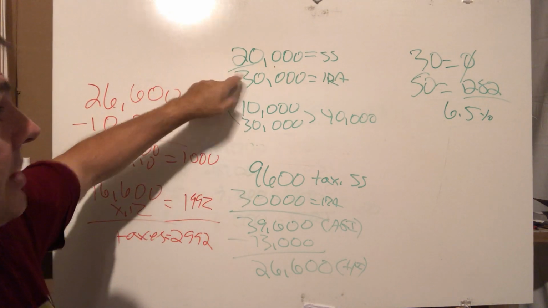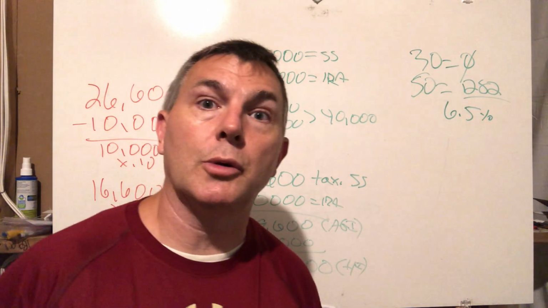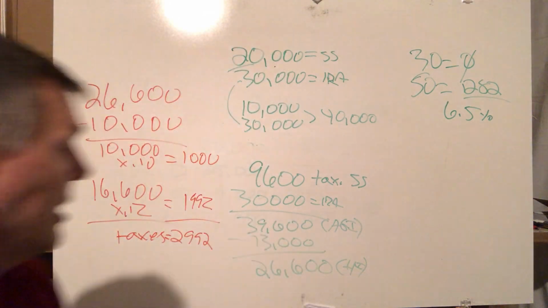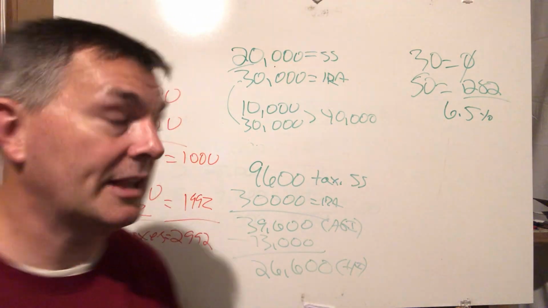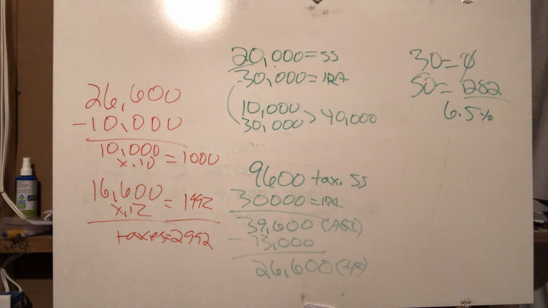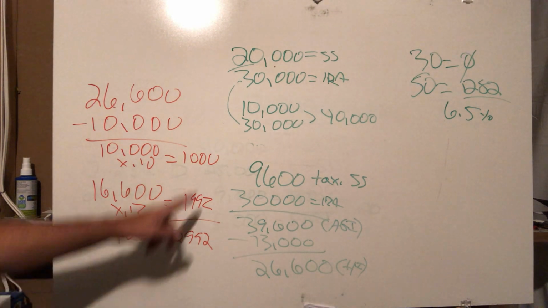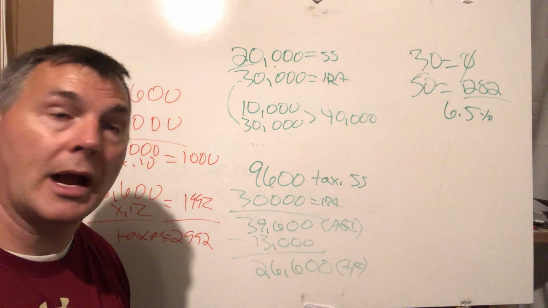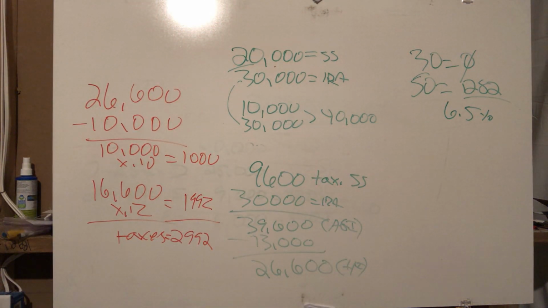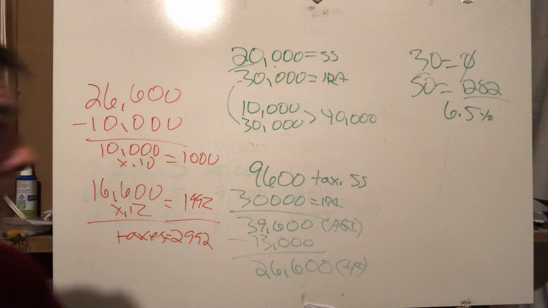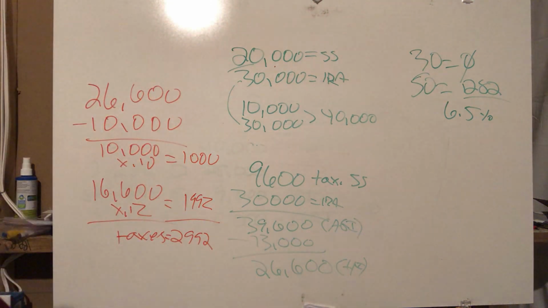So on that extra $10,000 of IRA and reduced Social Security by 10, just for simplicity, it increased her taxes by 300% almost. Tell me that's not crazy. That extra $10,000 of IRA made her taxes go up by about $1,800.